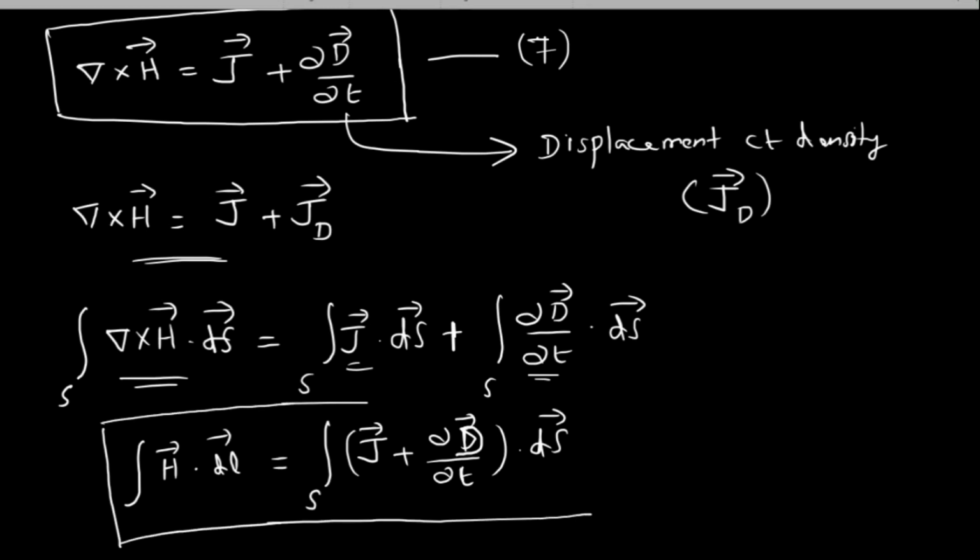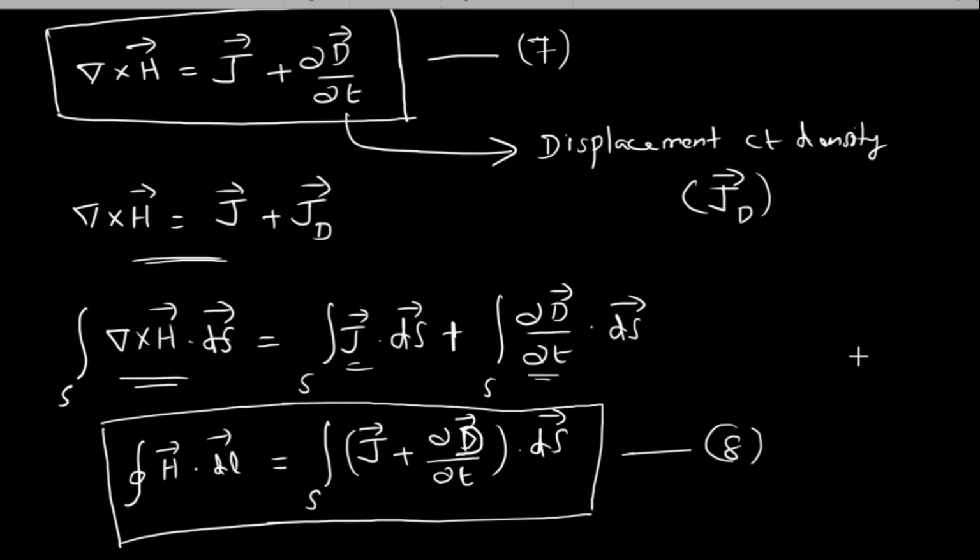So this is Maxwell's equation in integral form, which is derived from Ampere's circuital law. And if you are fond of the statement, or how to read it in English, this particular integral form can be stated as the MMF around a closed path. Closed integral E dot dl is the mathematical way of representing EMF. Then closed integral H dot dl is the mathematical way of representing magnetomotive force, MMF.